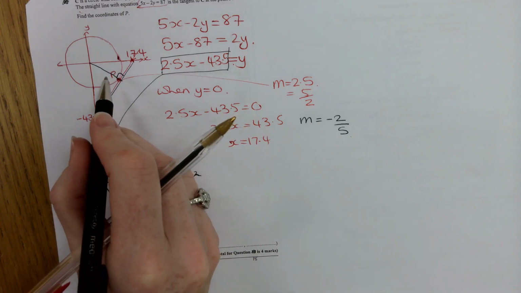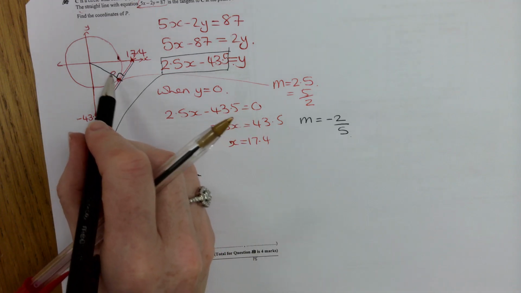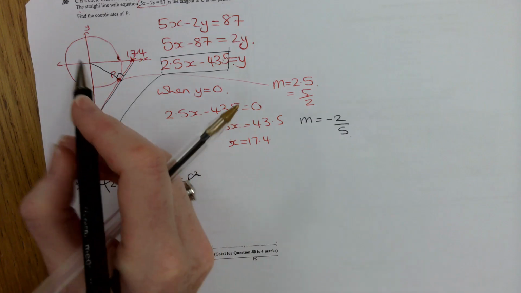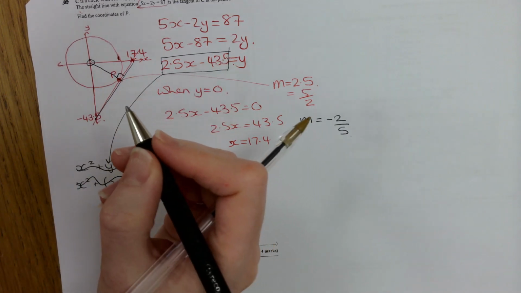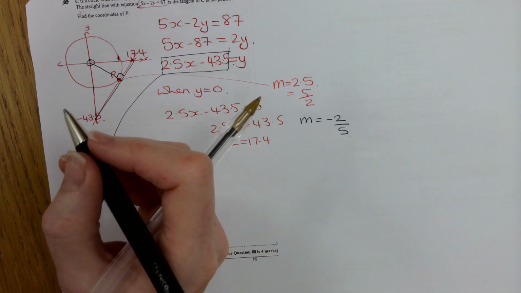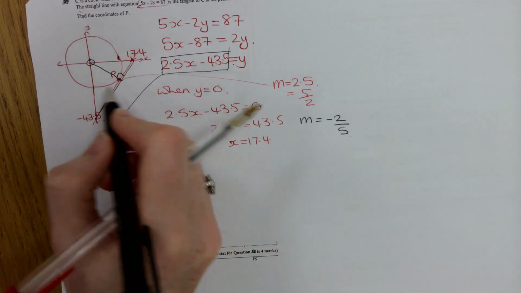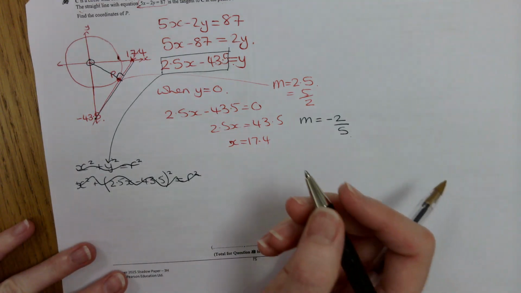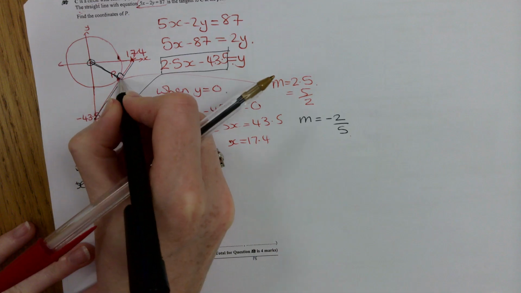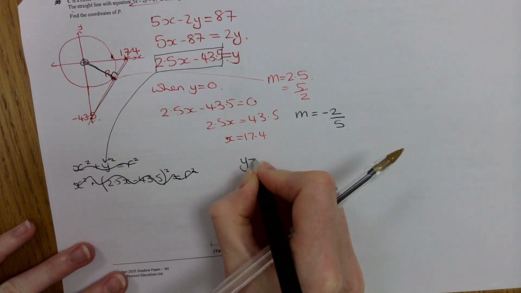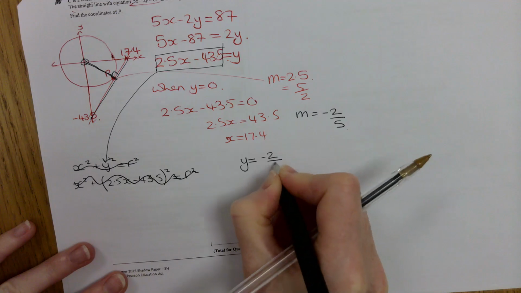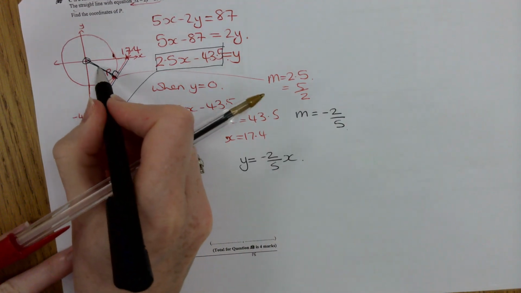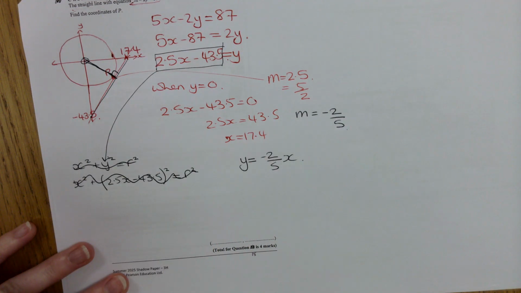I know that the gradient of this line is negative 2/5. I also know my y-intercept of this line is 0, because this is a circle with centre at the origin. So the equation of this line is y equals minus 2/5 x. That is the equation of the radius where it goes through at P.